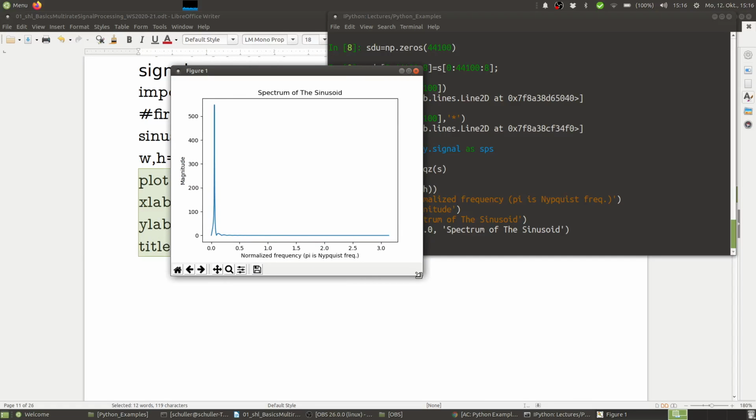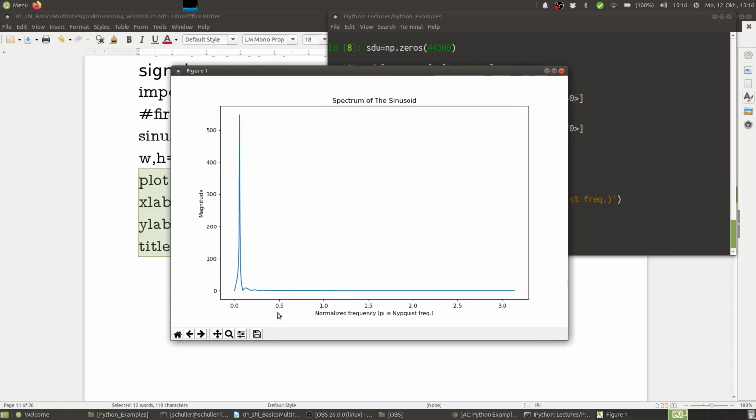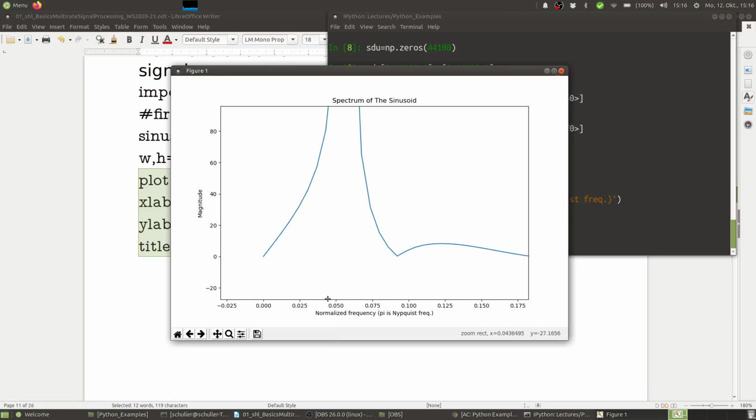So also more or less like we expect. Horizontally we have the frequency from 0 to pi, 3.14. And then there's a strong peak at the frequency of the sinusoid, right? This is the normalized frequency here. So we can actually zoom in, and we can see it's around 0.05, right?